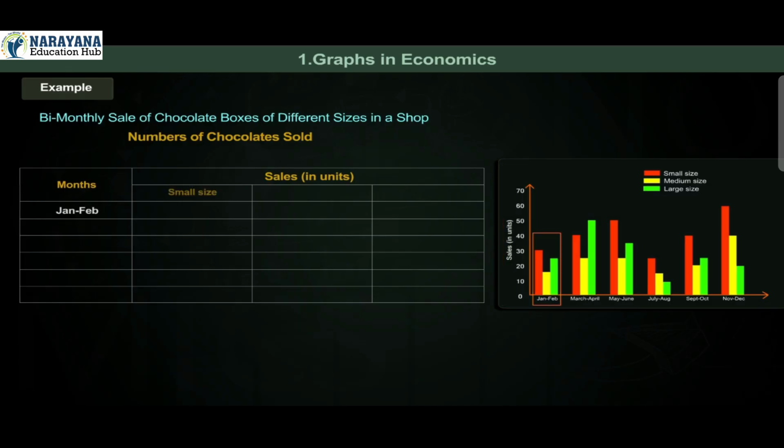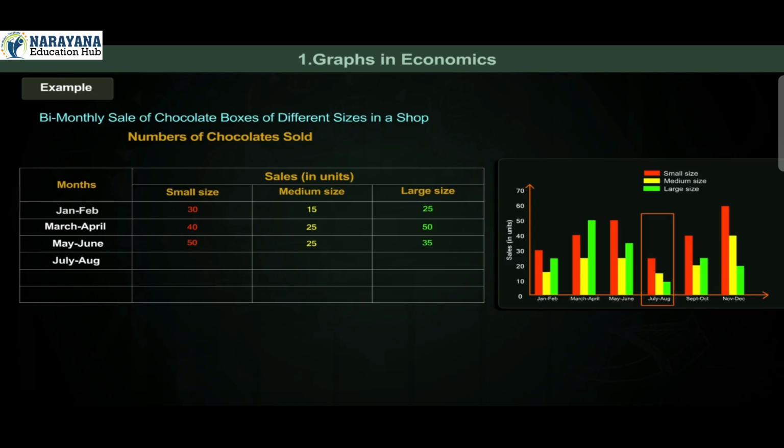January to February. Small size 30, medium size 15, large size 25. March to April. Small size 40, medium size 25, large size 50. May to June. Small size 50, medium size 25, large size 35.